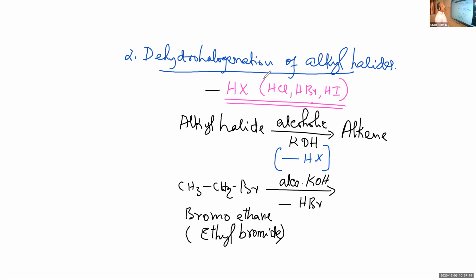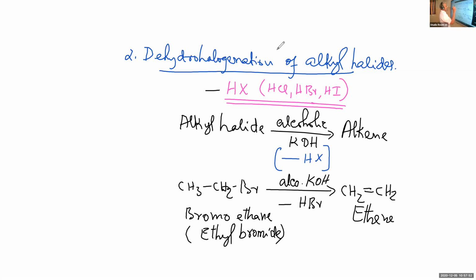There is a removal of HBr, and then we get CH2=CH2, ethene or ethylene, an alkene. During this reaction, when HBr is eliminated, the hydrogen is removed from the beta carbon.